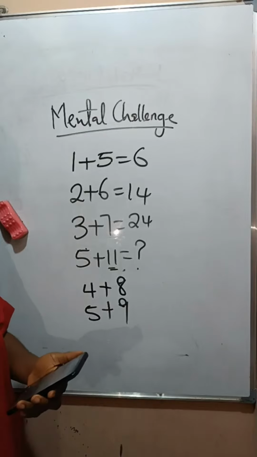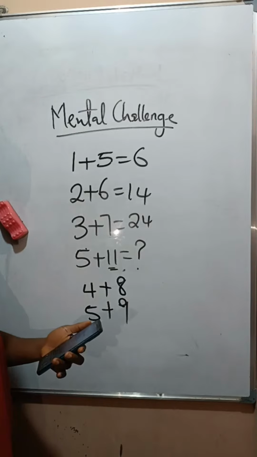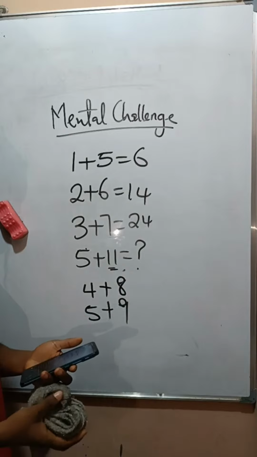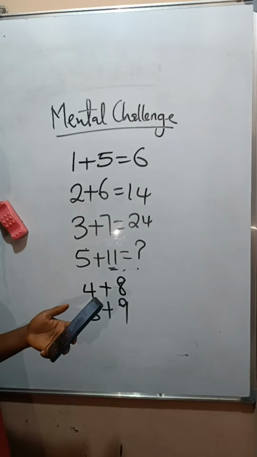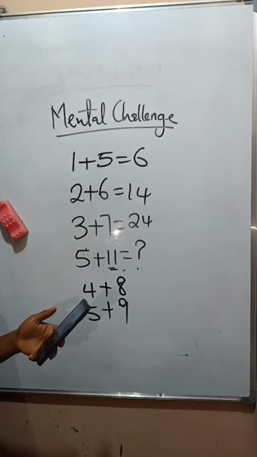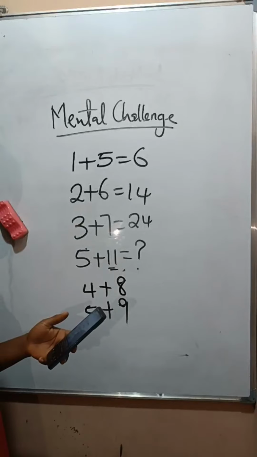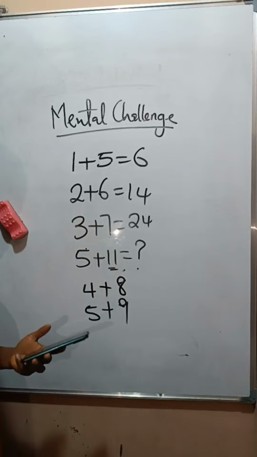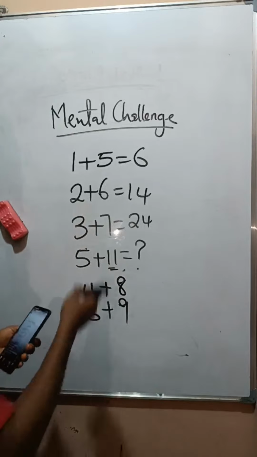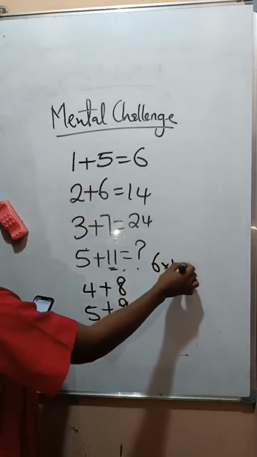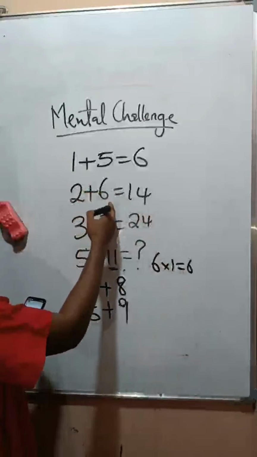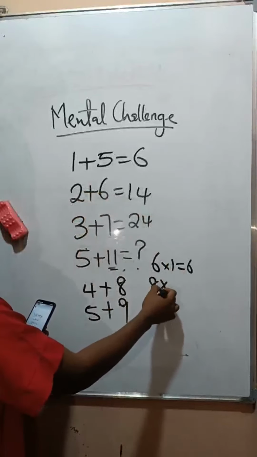But like I said, you can say 5 times 11 plus 5 is 60. This is the order. Let me check. 1 plus 5 is 6 times 1 is 6. 2 plus 6 is 8 times 2.